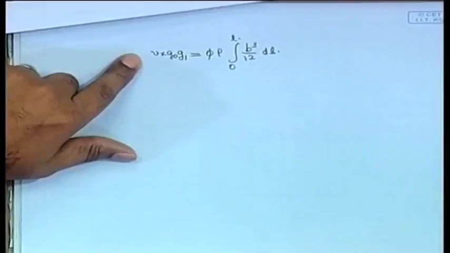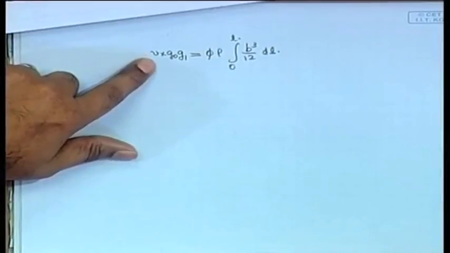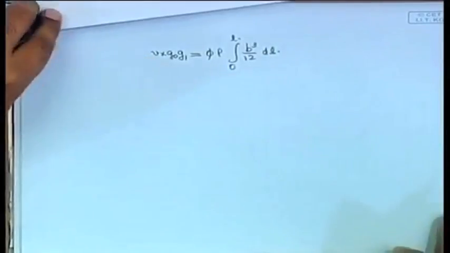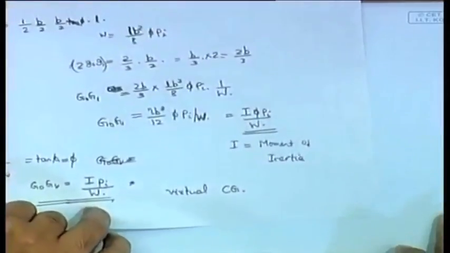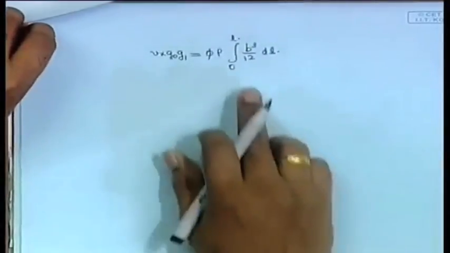Okay. Then in this case you get V into that derivation. If you want, we can do the whole thing, that is, instead of that LB cube by 12, it will become like this.